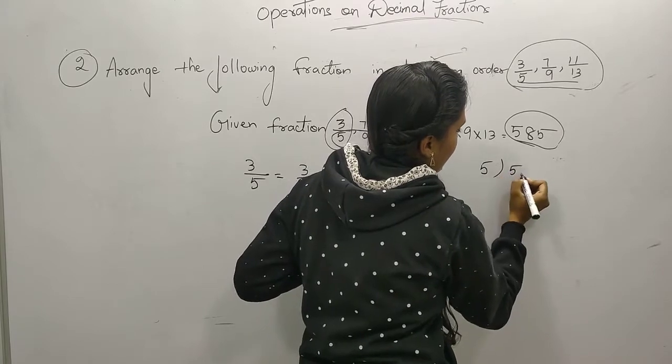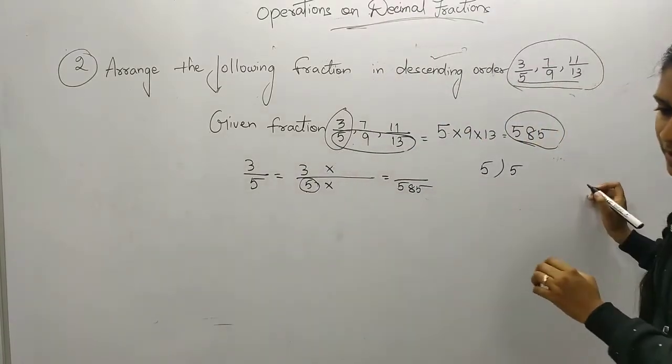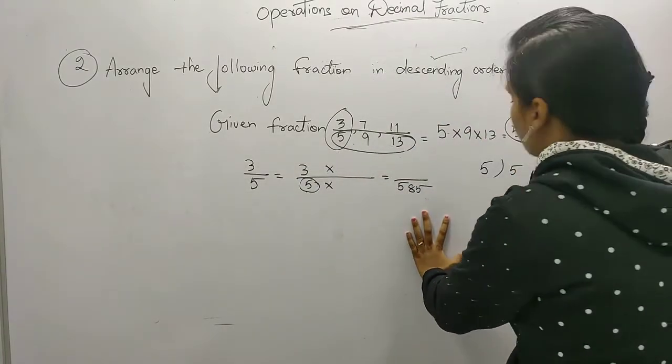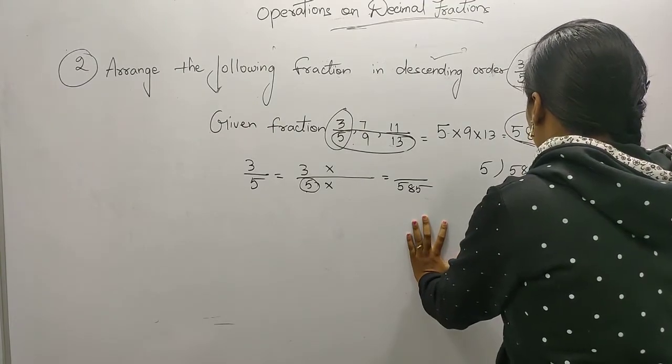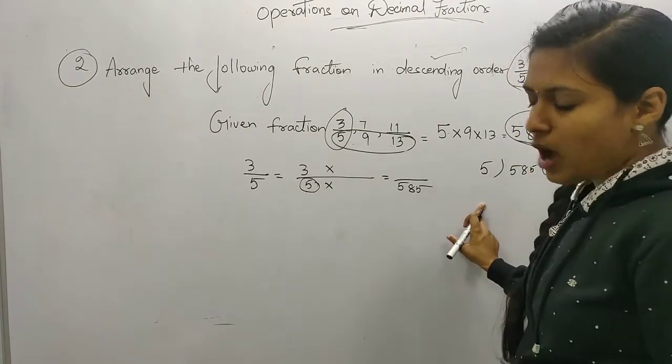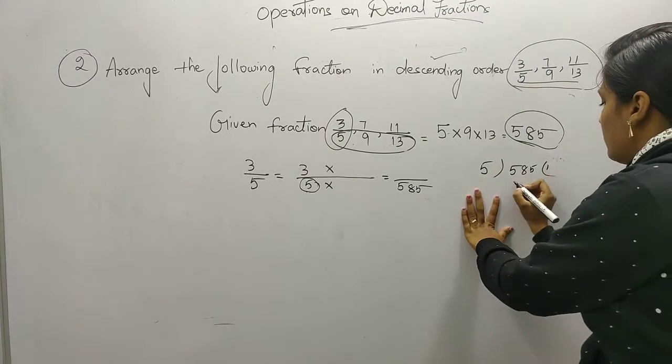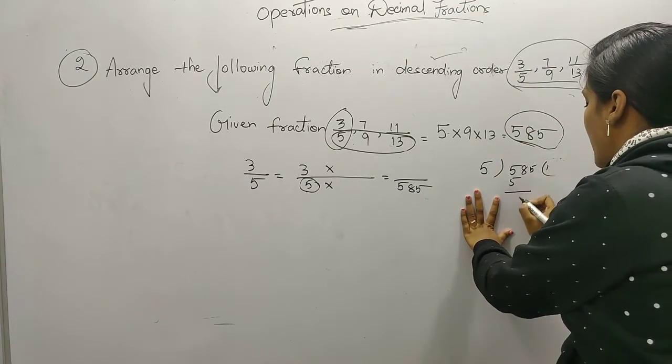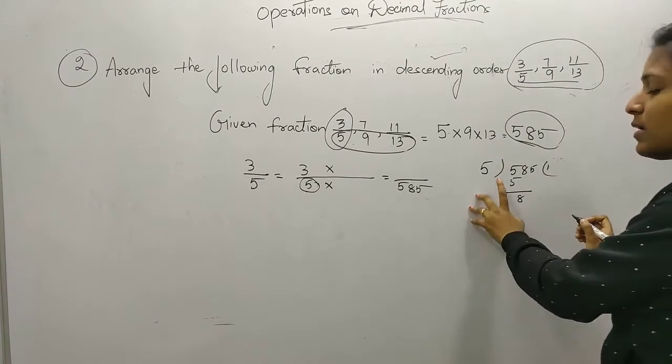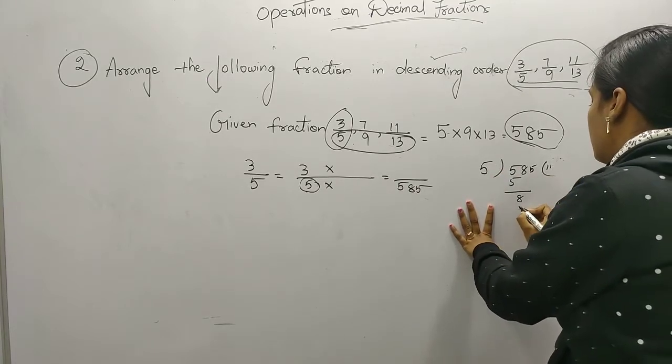585 divided by 5, how will you get it? 5 into 1 is 5, here 8. 5 into 2 is 10, it is bigger. 1 and 7 will take. 5 into 1 is 5.